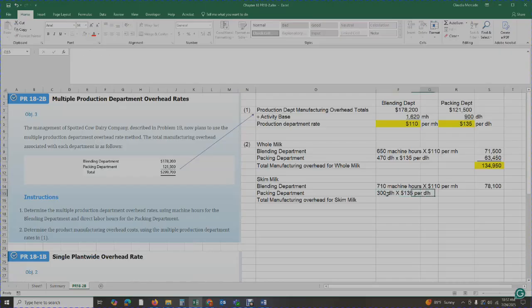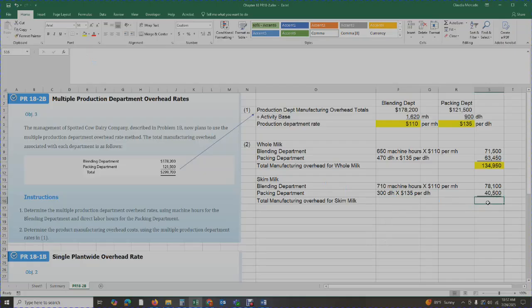That's going to give me 300 times 135, 40,500. We add the two together. Okay. And that gives me my total manufacturing overhead for skim milk of 118,600.